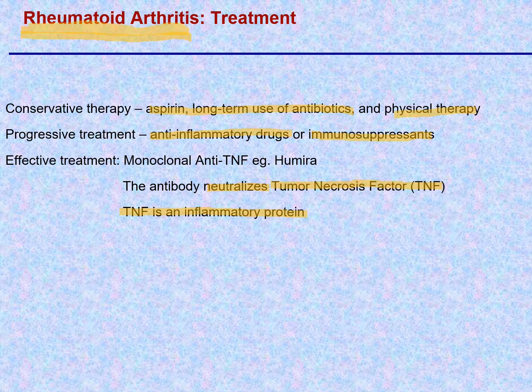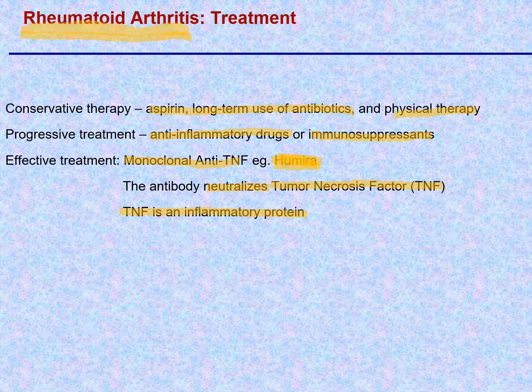So the antibody treatment has been shown to be quite effective. This monoclonal antibody is an example of such a drug. There are now a few companies, more than one, but up until recently it was only one that was selling it. It's called Humira, which you may have seen an advertisement on TV for.